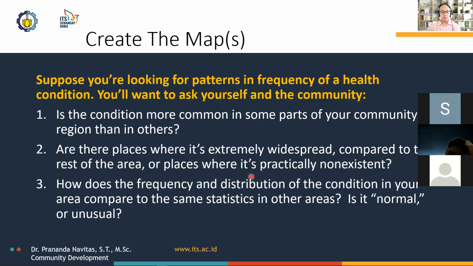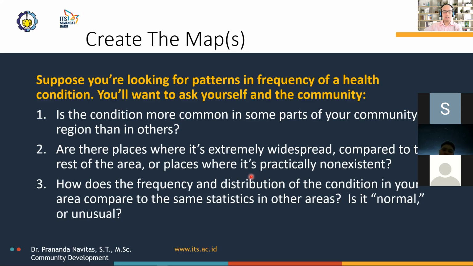And then the third question that you want to ask is, how does the frequency and distribution of the condition in your area compare to the same statistics in other areas? Is it normal or is it unusual?